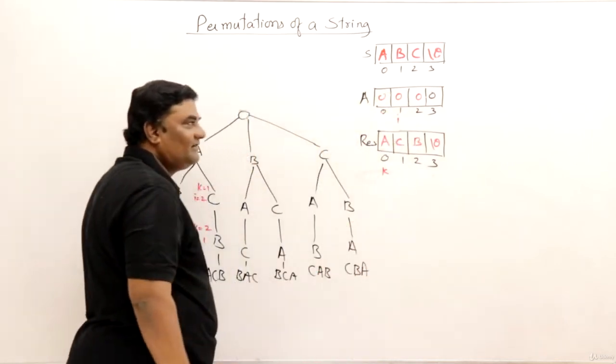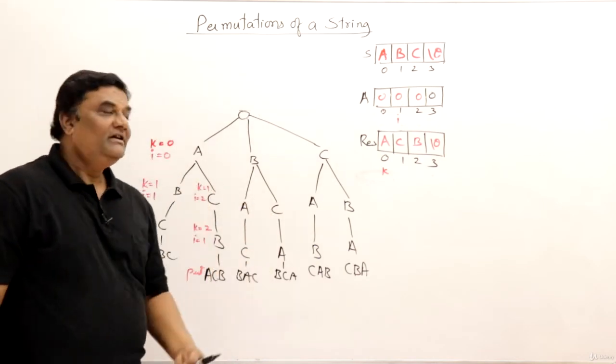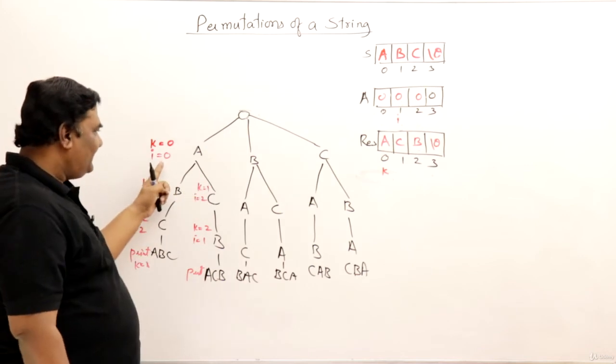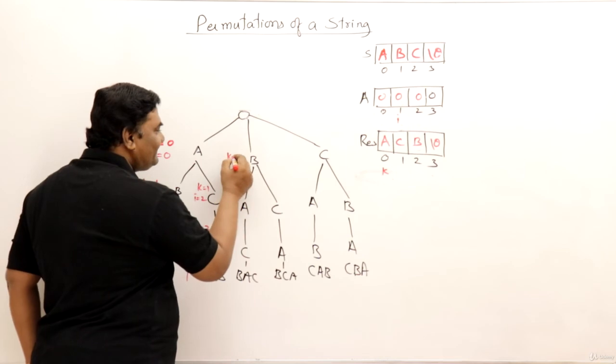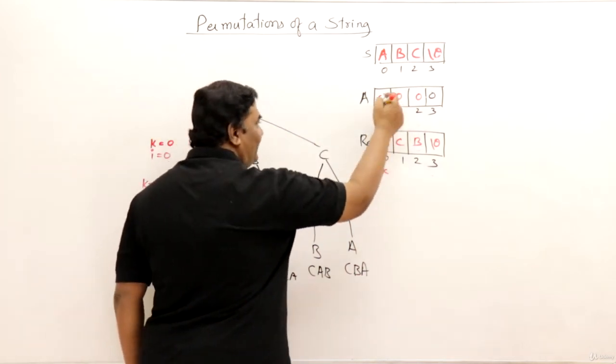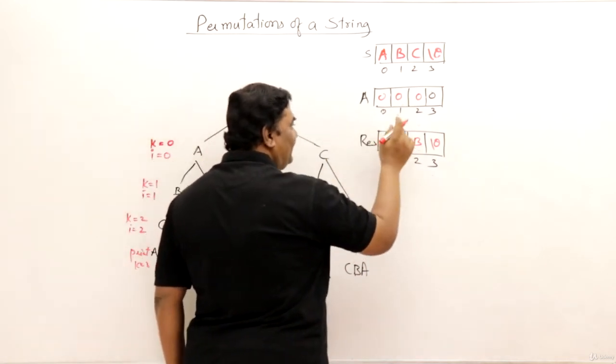So I is here. Now I will show you one step that will be sufficient for you to understand everything. Now in this step we are scanning through next. So we are here now. Where is K? K is at 0. Where is I now? I is at 1. And is it available? Yes, that's why I'm writing it.